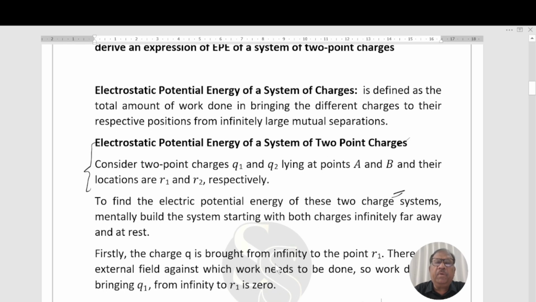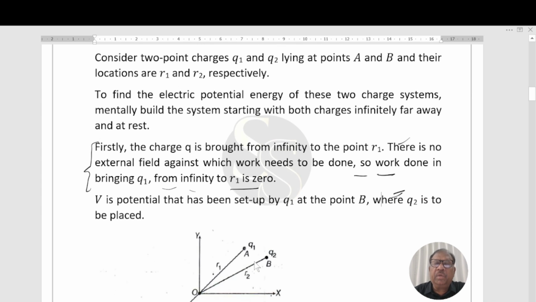Then further we have to find electrostatic potential energy of a system of 2 point charges. Consider 2 point charges Q1 and Q2 lying at points A and B, and their locations are R1 and R2 respectively. Firstly, the charge Q1 is brought from infinity to that point R1.